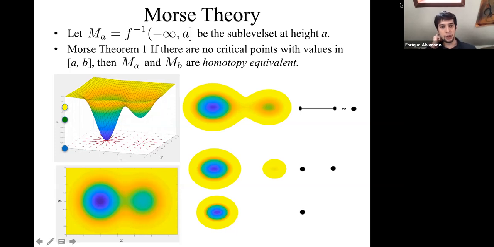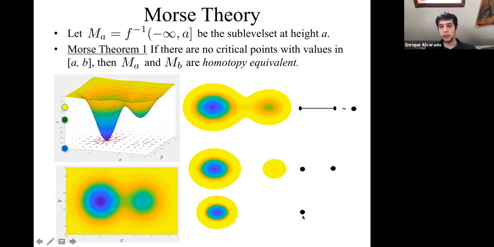So let's start with z equals 0, and that's the very bottom of the energy. As we raise that z value, the sublevel set becomes the small disk right here. There's the blue, and then the outer edges are yellow. All of that you can contract into a single point.